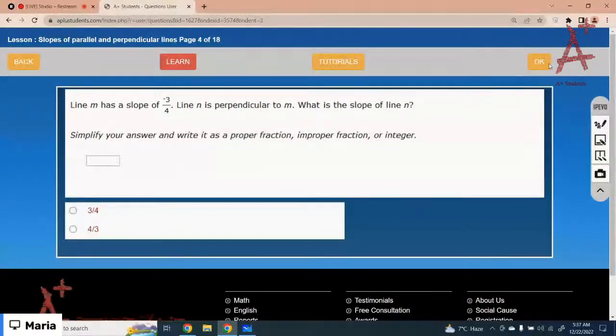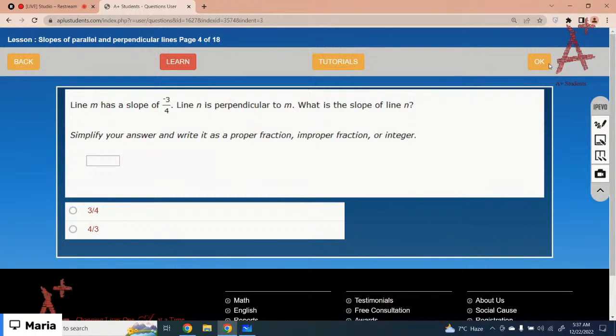Okay, line M has a slope of negative 3 by 4. Line N is perpendicular to M. What is the slope of line N? Which of the options is the correct one? The lines are perpendicular, so their slopes must be negative reciprocals of each other.